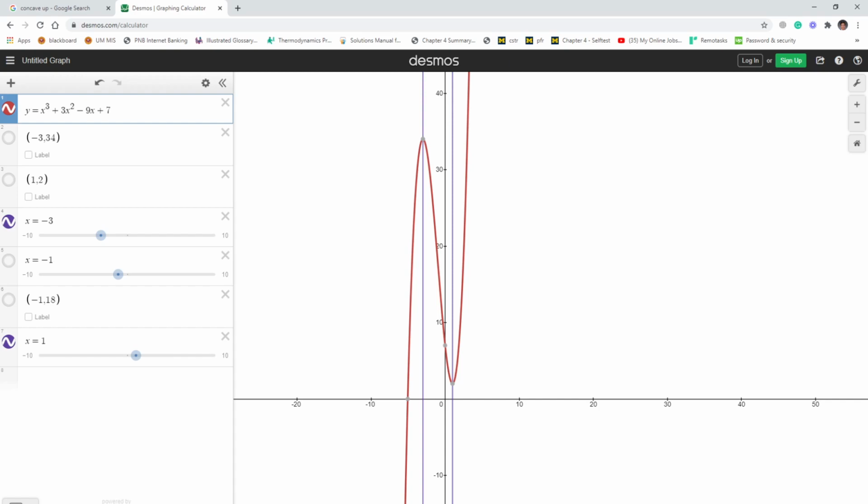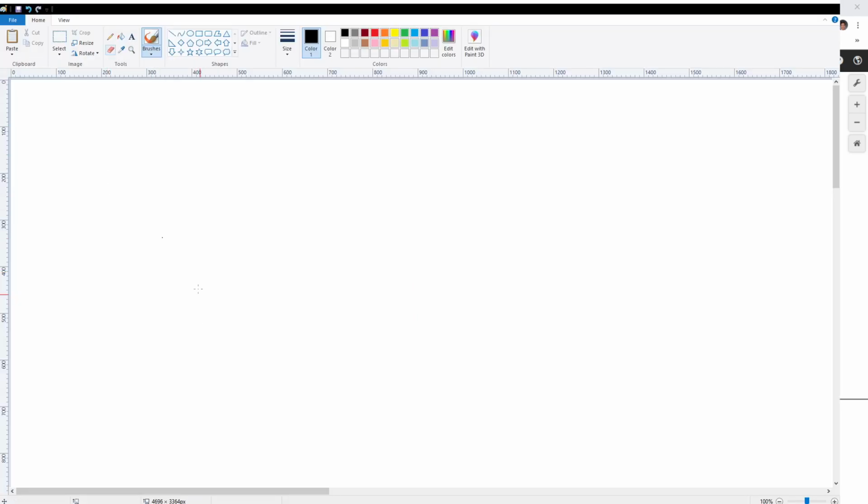If I illustrate that, we have this, and this is 0, this is 0, and this is 1, this is 1, 2, 3, so negative 3.